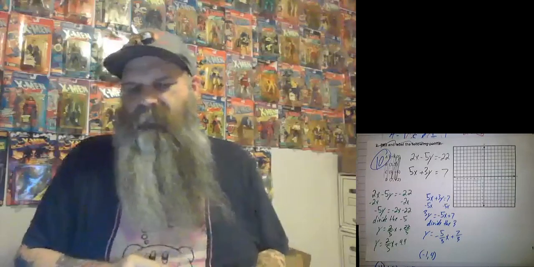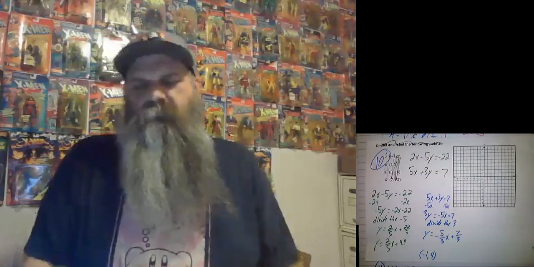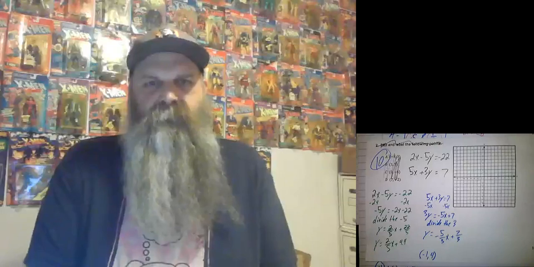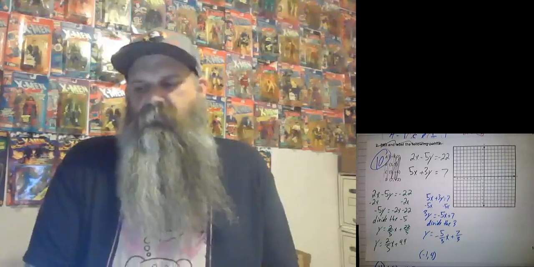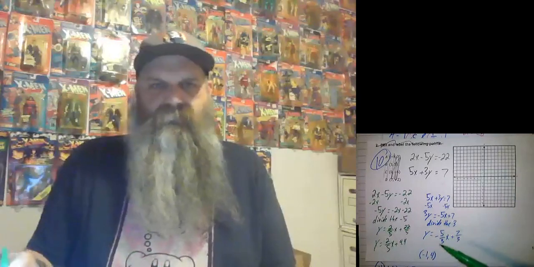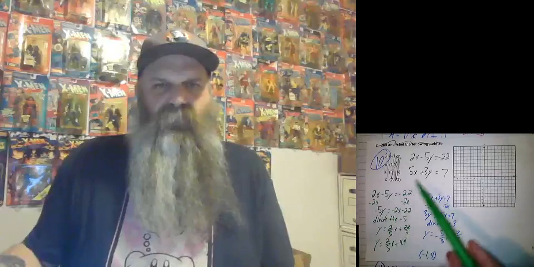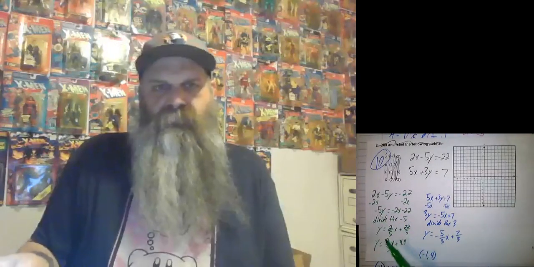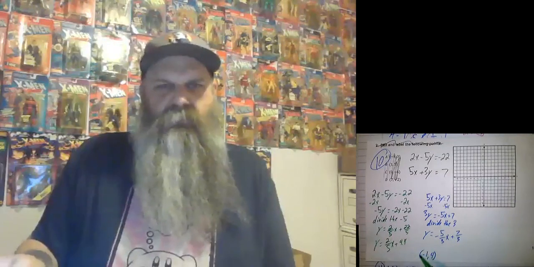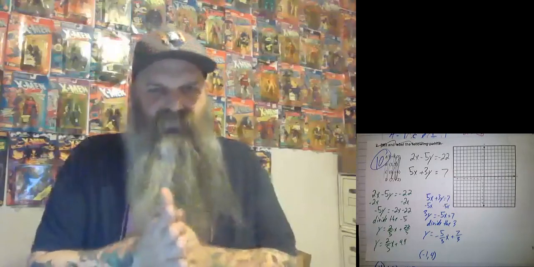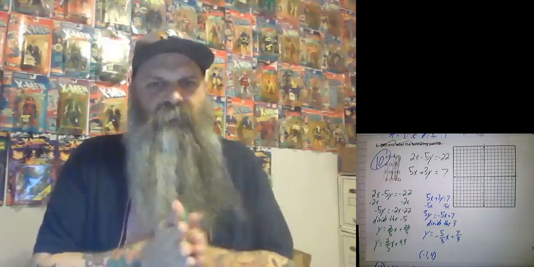It asks you to use the graphing method to solve number 10, which in this case, I'll just let you see, I worked it out. This is the top equation in green. I'm trying to get it in y equals mx plus b form, because it tells us to solve using the graphing method.